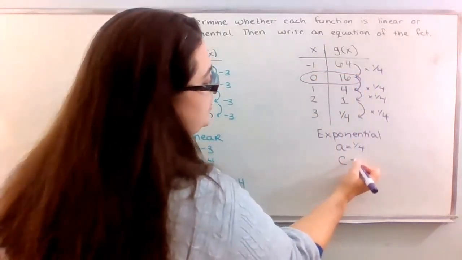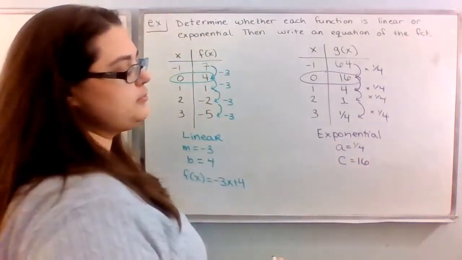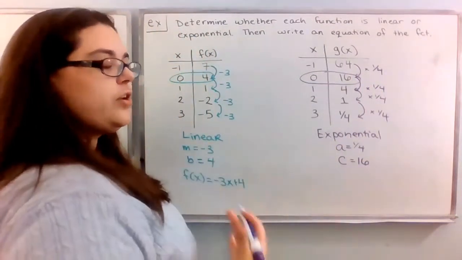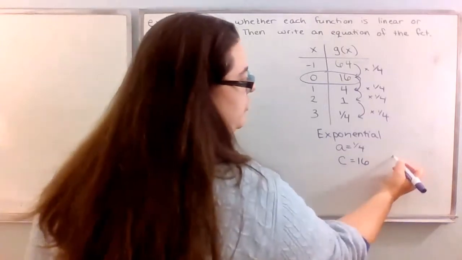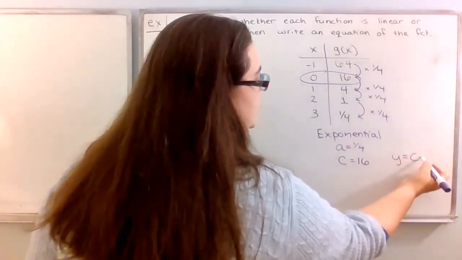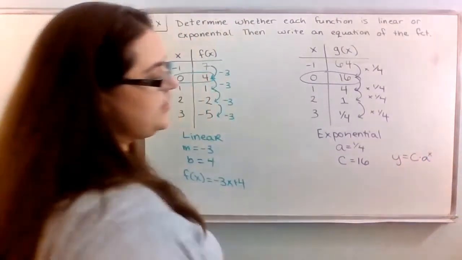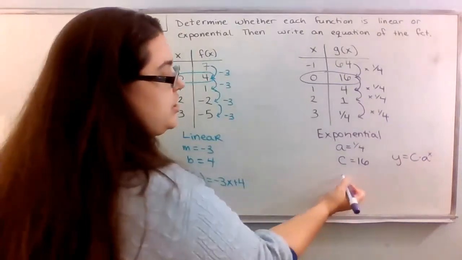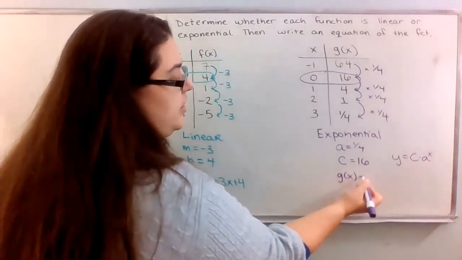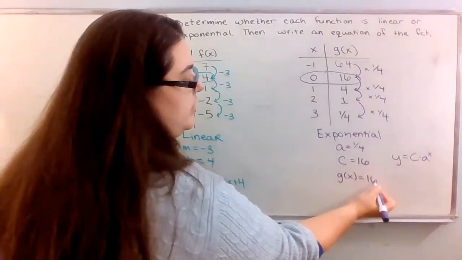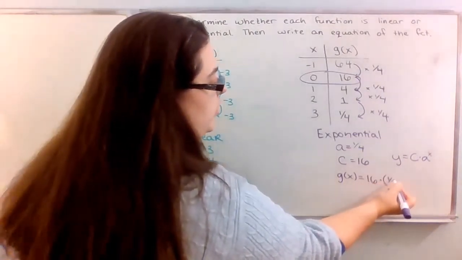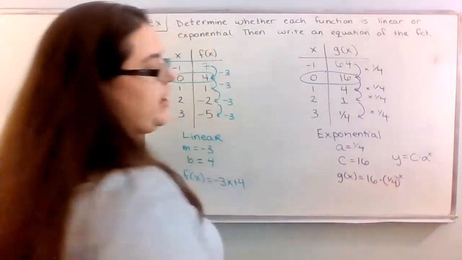So here, c is going to be 16. So if I think about my exponential function form, y equals c times a to the x, then g of x, in this case, will be equal to 16 times 1/4 to the x power.